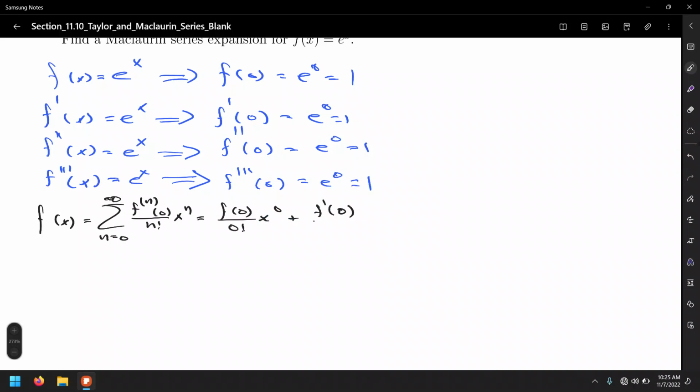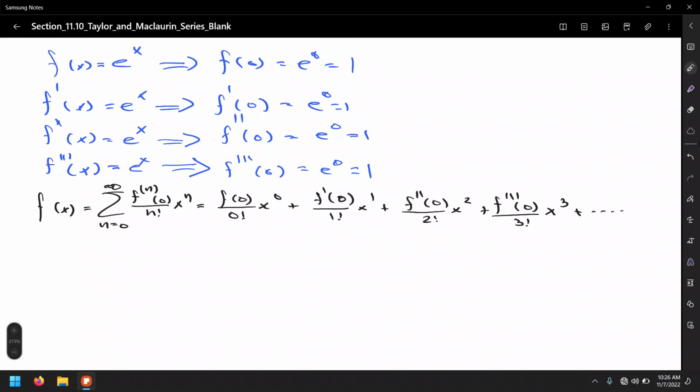F prime at 0 over 1 factorial x to the first, f double prime at 0 over 2 factorial x squared, f triple prime at 0 over 3 factorial x cubed. But well, we don't need to find more terms beyond the third derivative. 3 is usually fine. Well, the homework may ask you to fill in the blanks on WebAssign for a certain number of terms. So try not to get everything in your head straight to the final answer, because some problems are like set up first and then simplify.